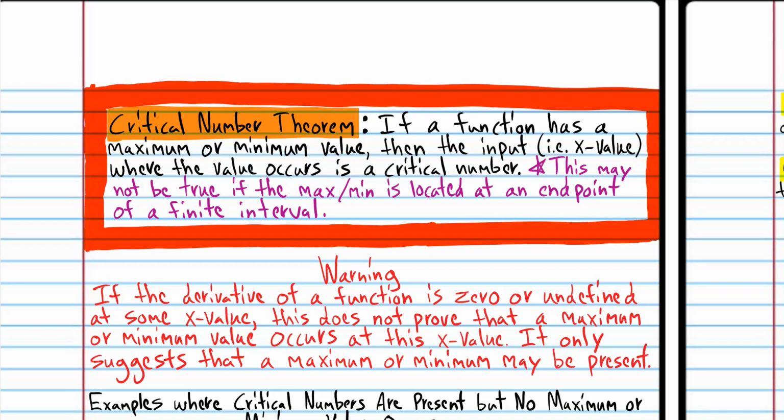There's a theorem that I'm calling the critical number theorem that says that if a function has a maximum or minimum value, then the input where that value occurs is a critical number. So this is a really fancy theorem, but all it's saying is that if you want to look for maximum or minimum values of a function, those values are going to occur at the critical numbers.